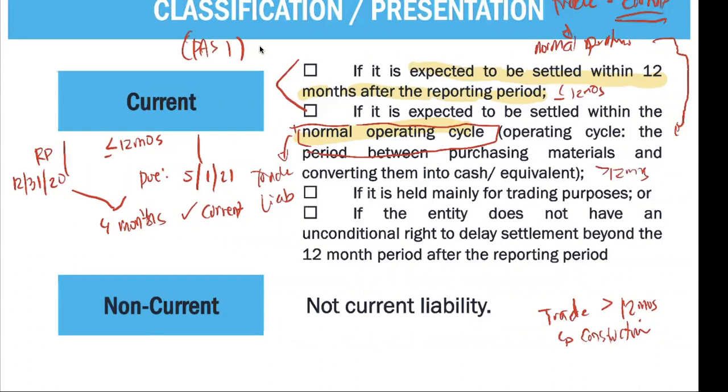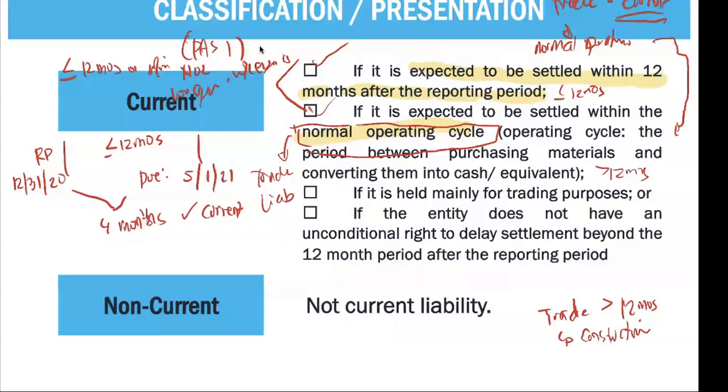So if we harmonize the two items, we can consider the liability as current if it's less than or equal to 12 months or within the normal operating cycle, whichever is longer. So either of the two. Whichever is longer, we can classify it as current liability.